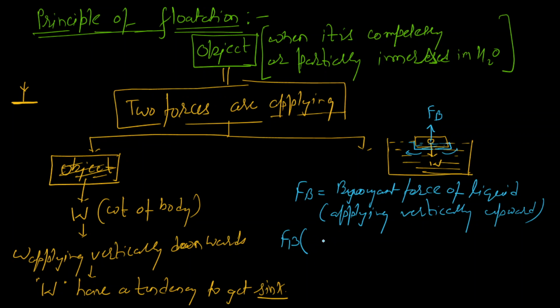FB is basically what? Buoyant force. And that buoyant force, from what is it going to be applied? From the liquid only. And how much will it be applied on the object? That means how much water is going to be displaced from this area.